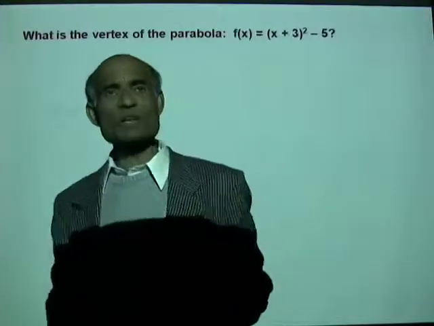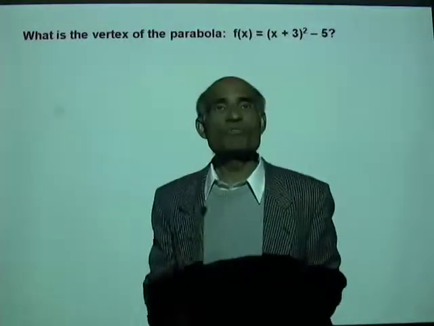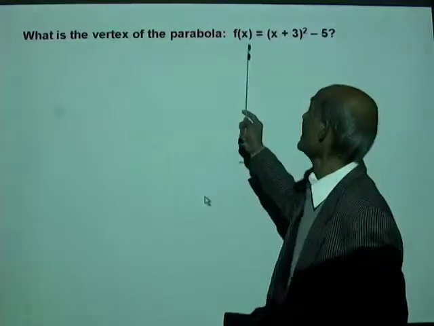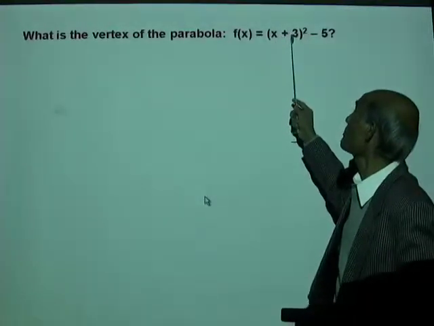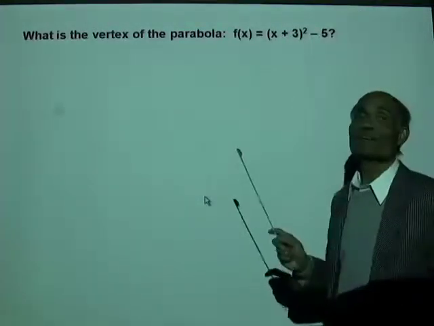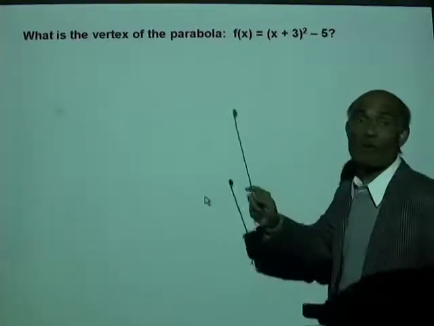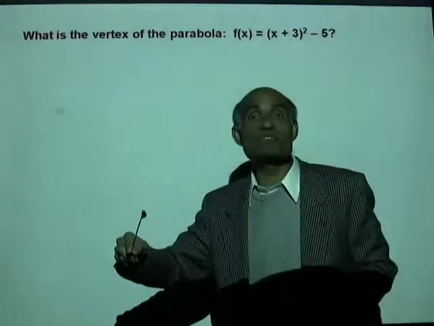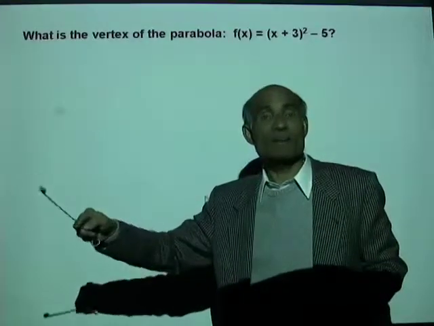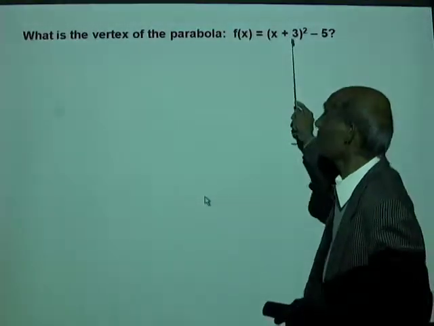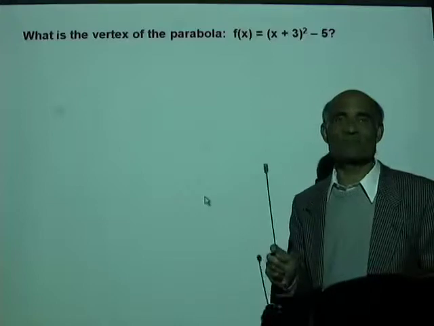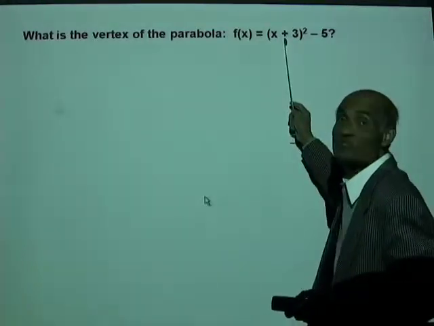All right, let's answer a couple of questions. What is the vertex of the parabola f of x equal to x plus 3 all squared minus 5? Now here, this is of the form x minus h all squared plus k. Tell me, what is the value of h in here? Notice that the sign is positive.